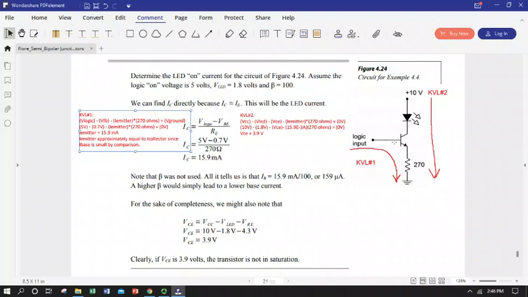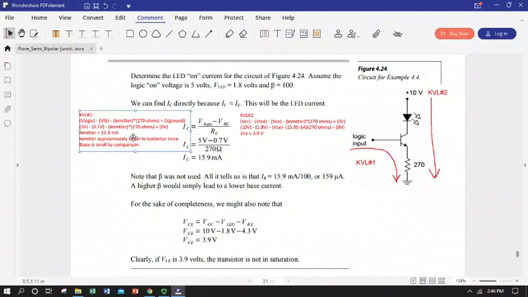So we knew what the base voltage was because our logic input was the base voltage. So we had the base voltage minus our base emitter voltage drop for our forward bias junction, 0.7, minus 270 times the emitter current, which we know later is the collector current. So we got our I sub C or I sub E straight out of our base loop.